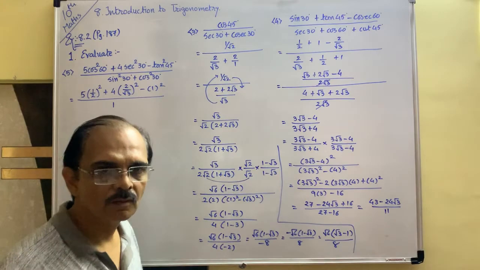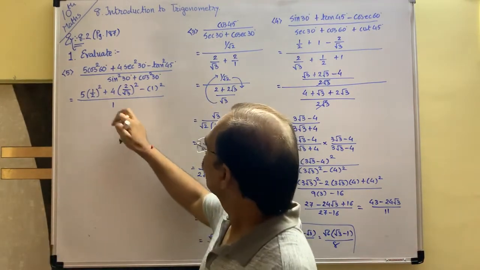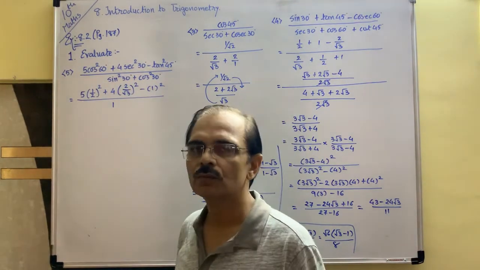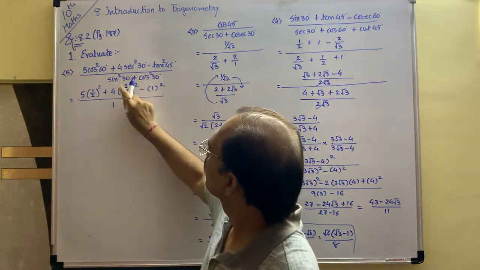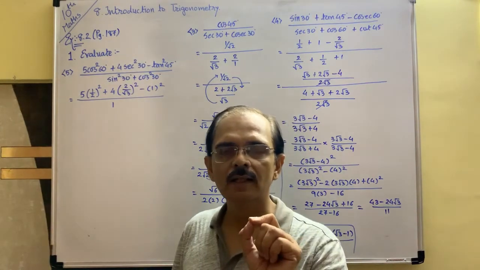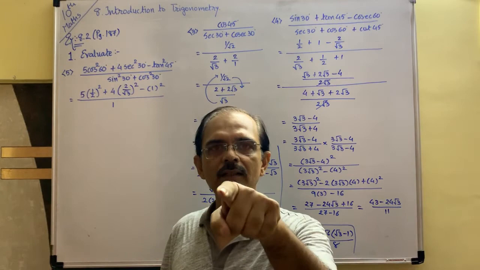Now the question is, why? The given is sin square 30 plus cos square 30. I told you that if theta remains the same, suppose this is theta 30, then this is also 30, so you can write theta. Then it will be sin square theta plus cos square theta, and the identity is what?